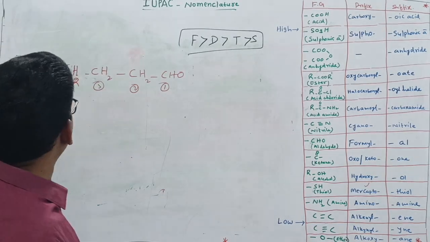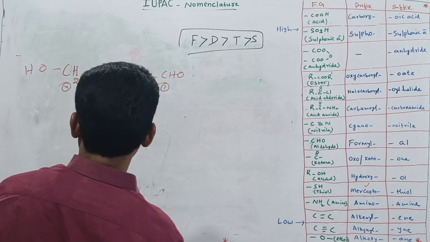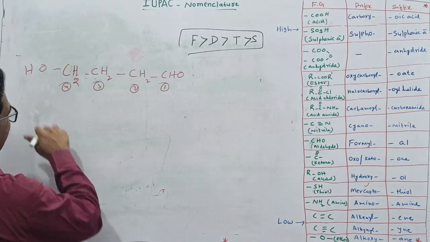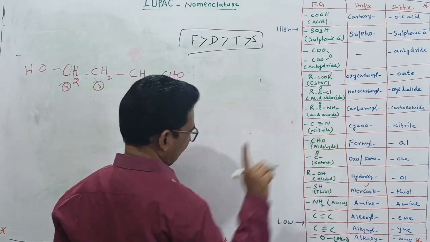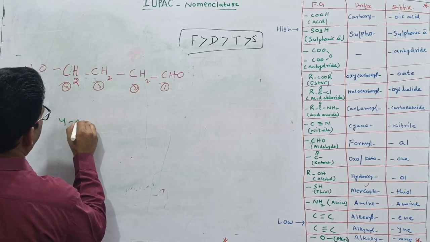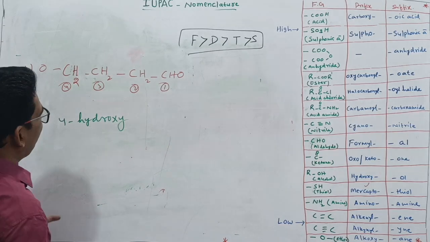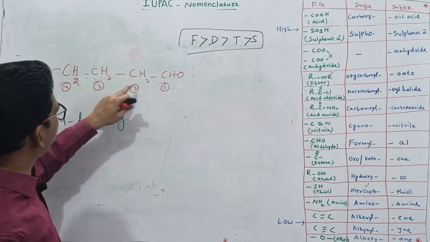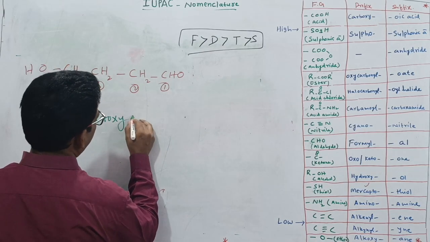Okay. Then see how I am giving the name. OH means prefix hydroxy will come. कहाँ है? चेक करो, यहाँ है hydroxy prefix. Which position? Fourth position. I will write 4 hydroxy. What is the word root? How many carbons does it have? 4 carbons. Then what will I write?